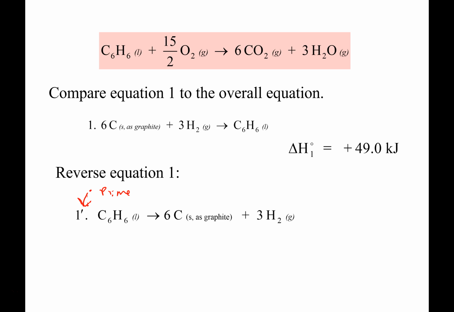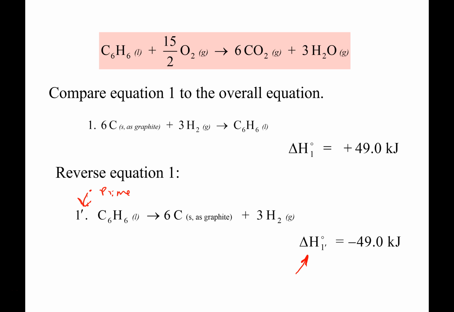So my delta H not 1 prime looks like this, and since we reversed it, we have to change the sign. This is the sort of problem where you have to pay attention to detail as you're working it. Sometimes you'll get down to what feels like a dead end, and we have to backtrack. In a minute, that 1 prime is going to be one of my things up here.